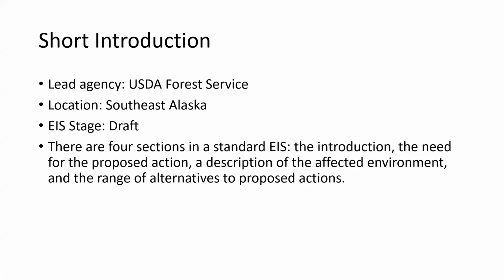And there are four sections in a standard EIS: the introduction, the need for the proposed action, the description of the affected environment, and the range of alternatives to the proposed action. The EIS follows the standard because it has four special sections for environmental change.